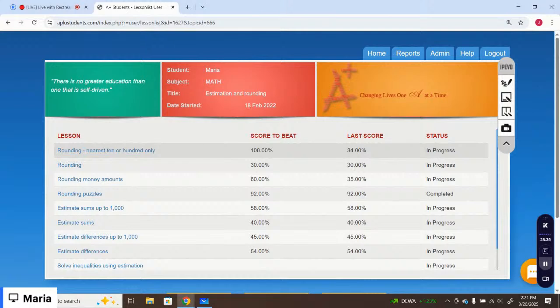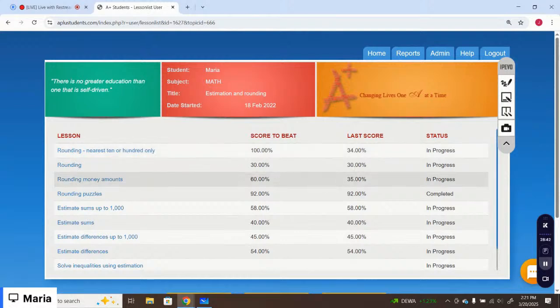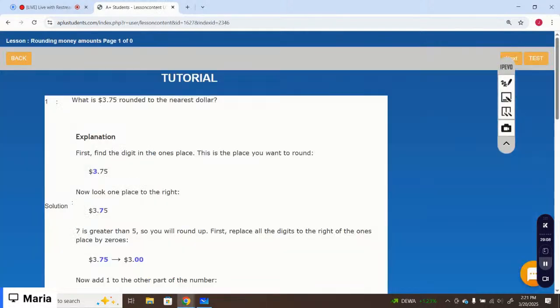The next lesson is rounding money amounts. What is 3.77 rounded to the nearest dollar?